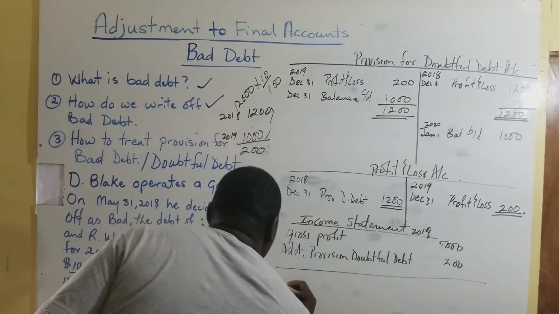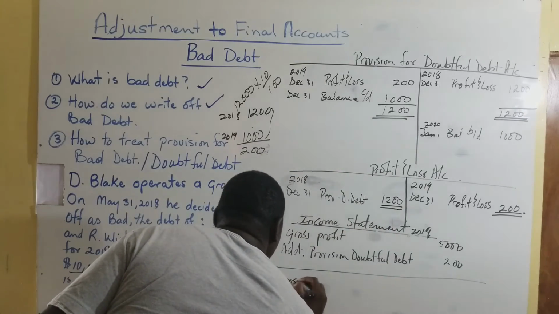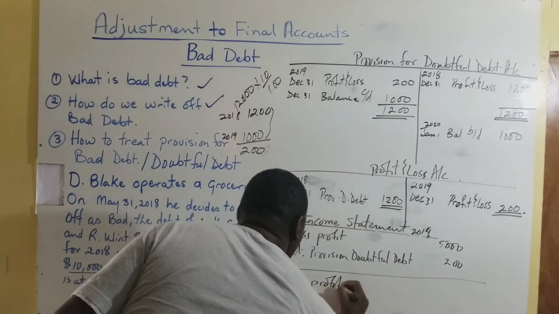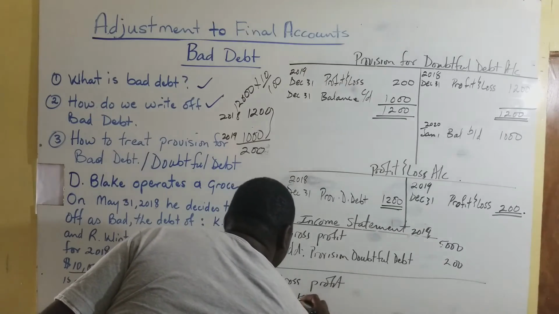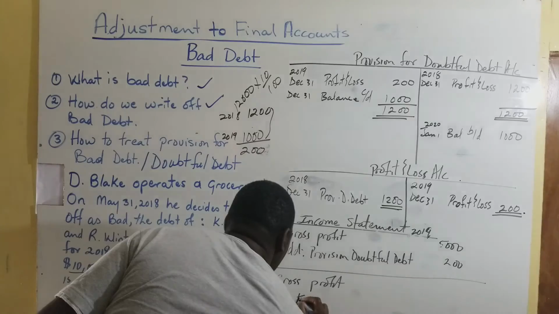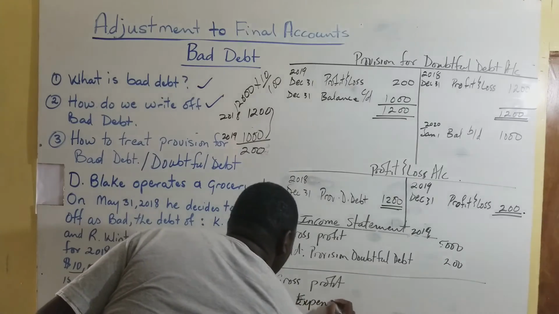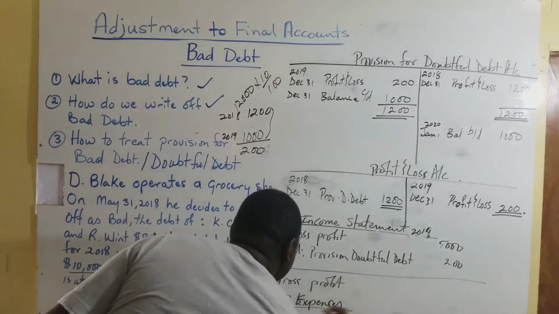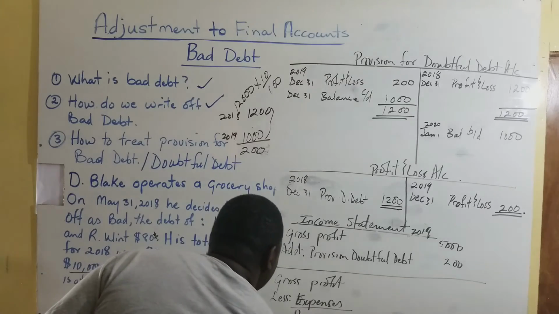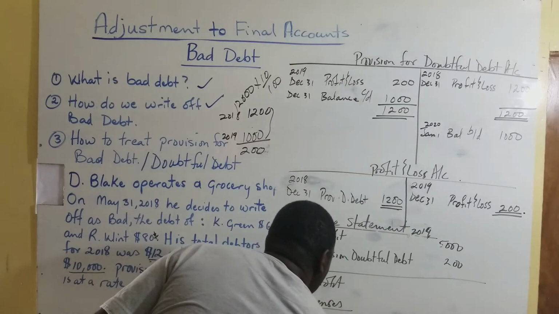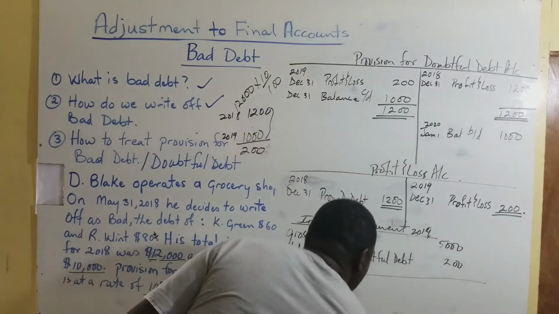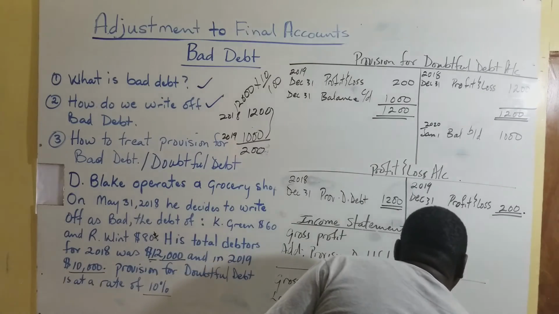Now in 2018, in the income statement, we have gross profit. Then we're going to less expenses. And so you have provision for doubtful debt, that will be $1,200.